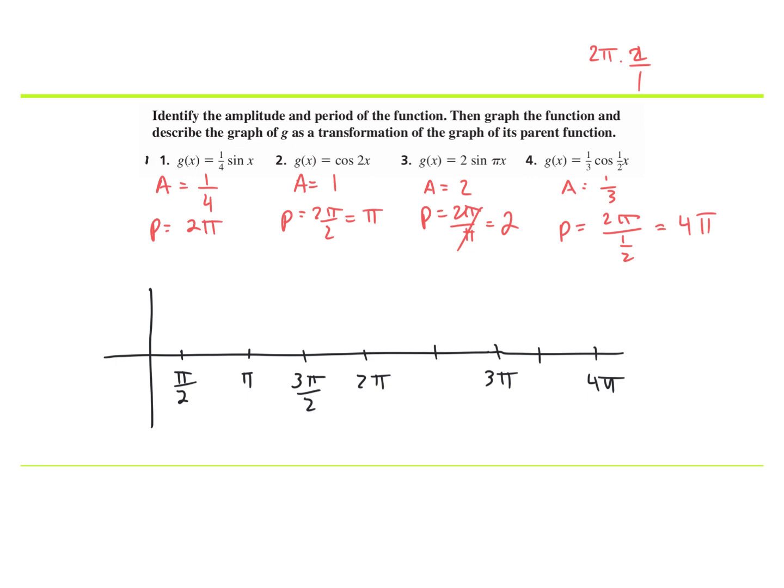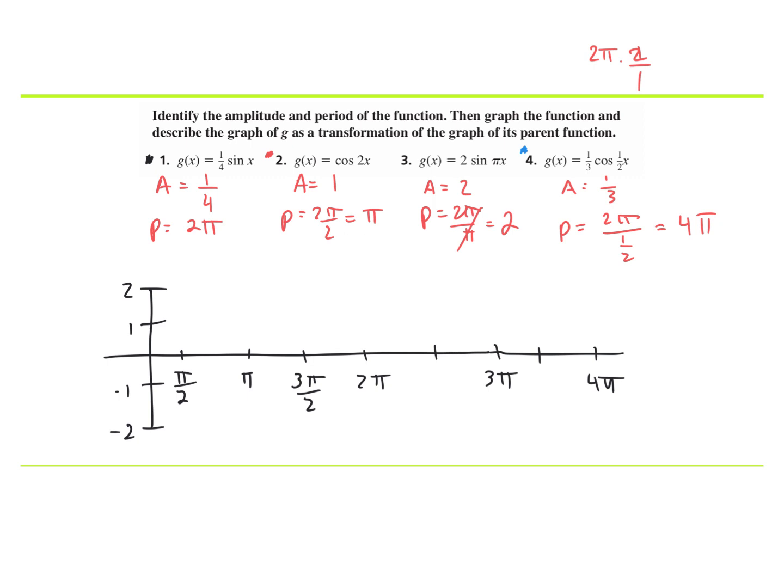Now, I'm going to do this first one in black, the second one in red, the fourth one in blue, and then we'll do the third one later because it's on a different domain. So we're going to start with an amplitude of 2, 1, -1, -2.